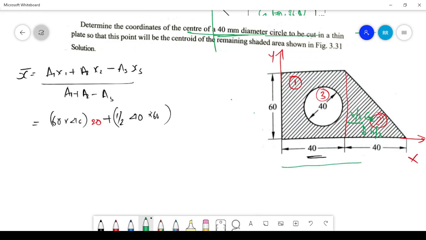So this entire distance will be the x2 value. That means 40 plus 40 by 3, right? Minus A3 x3. A3 means the area of the third portion, which is a circle, pi r square. The radius is not given, the diameter is given, so I can say pi r square.